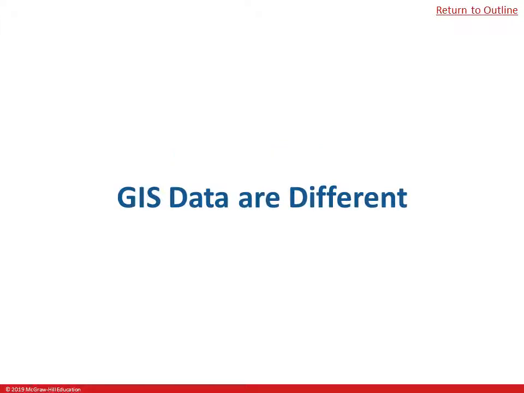So the first thing we want to point out is that GIS data, they're different. It's not like ordinary data, because it has multiple layers of information that you have to have for the data to remain functional. So there's just plain old information like this is Loudoun County for a particular parcel.